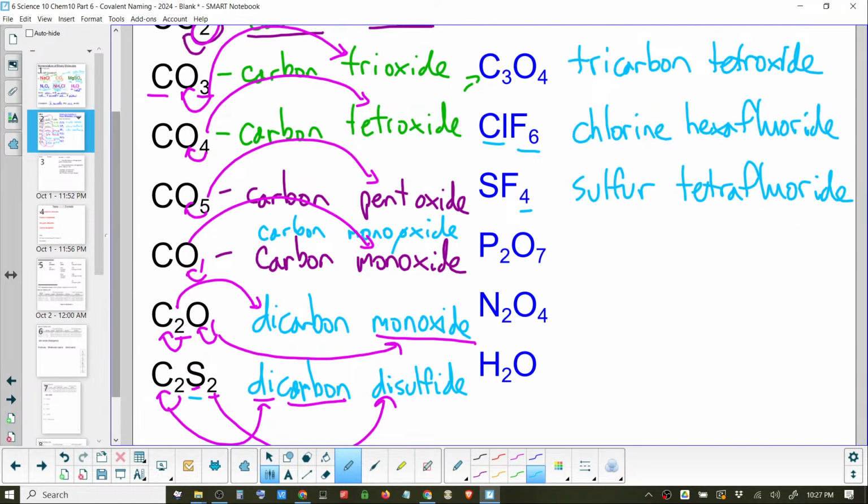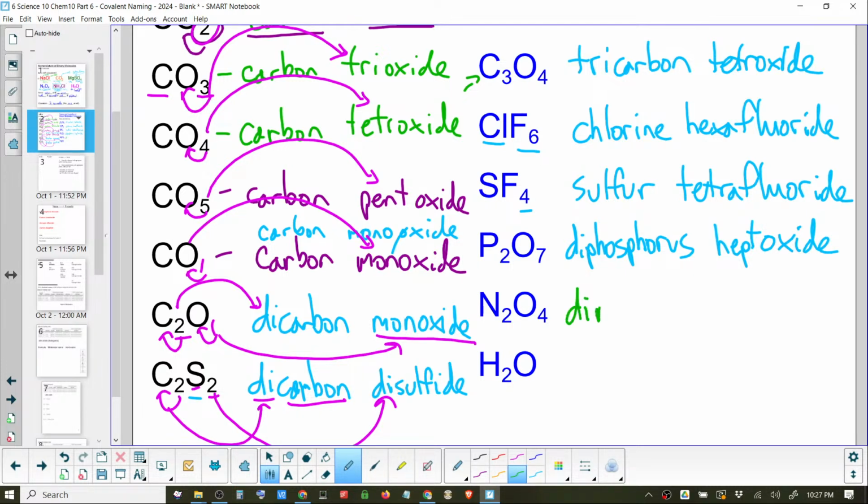P2O7, diphosphorus heptoxide. N2O4, dinitrogen tetroxide.